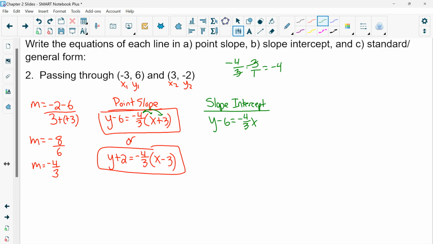Or if you forget about canceling, you can multiply straight across. -12. 1 times 3 is 3. Either way, it equals -4. And then we get the y by itself by adding 6. So we get y equals -4/3 x plus 2.